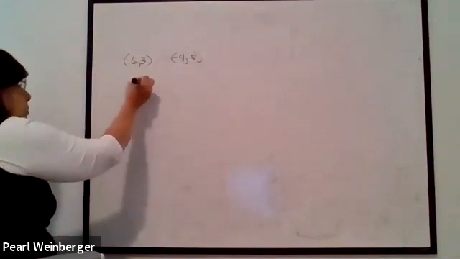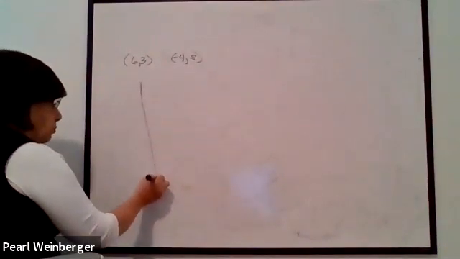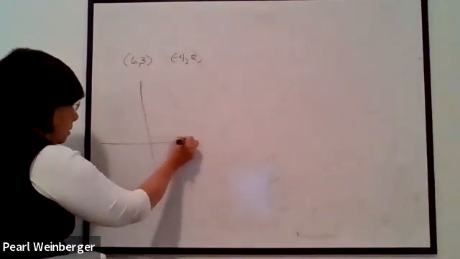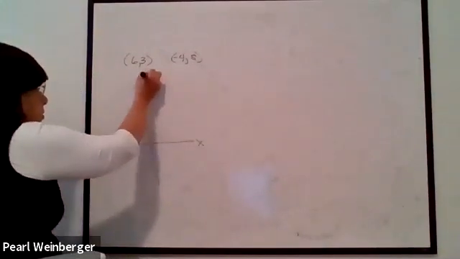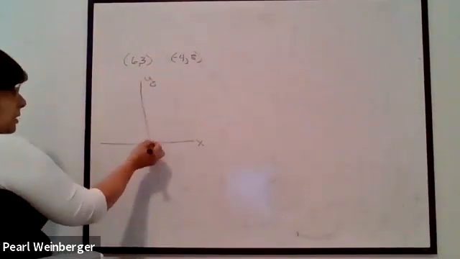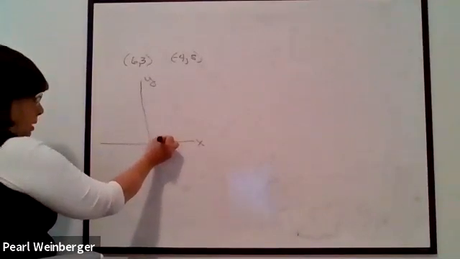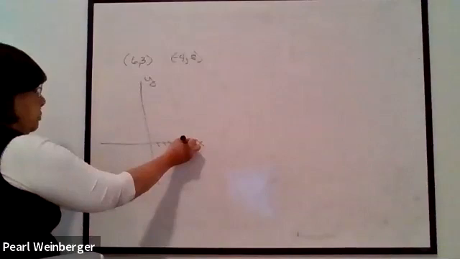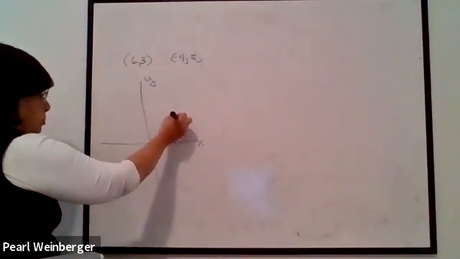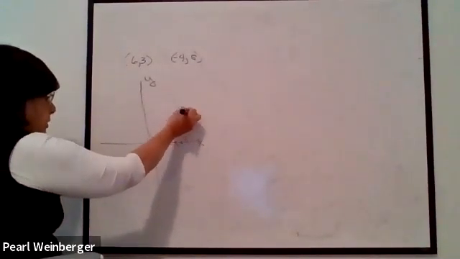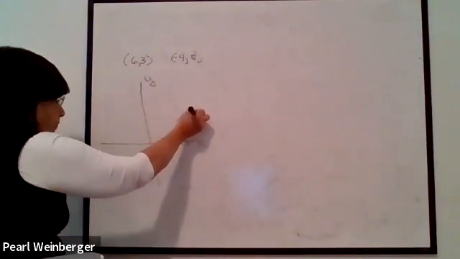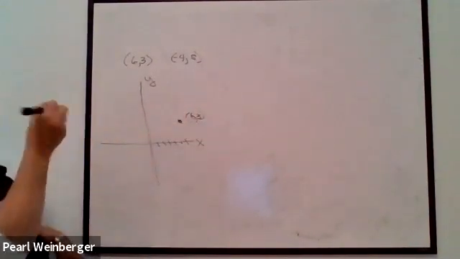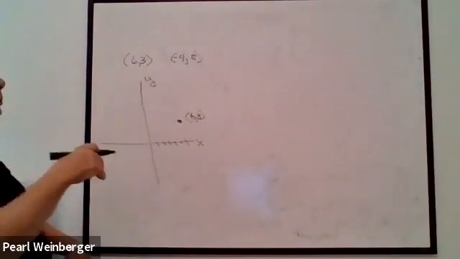Here's what that line looks like. Let's just graph it so we'll have an idea of what it looks like. 6, 3 is the point 6 to the right, 3 up. 1, 2, 3. Here's my point 6, 3. Again, if you do this on graph paper, it's much clearer.